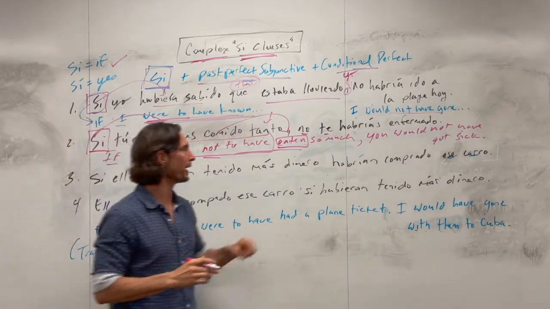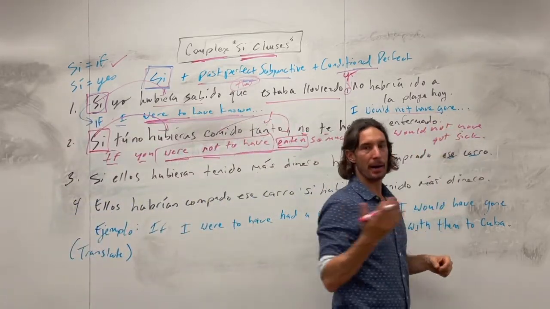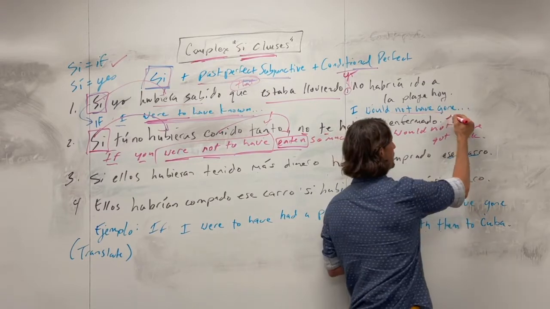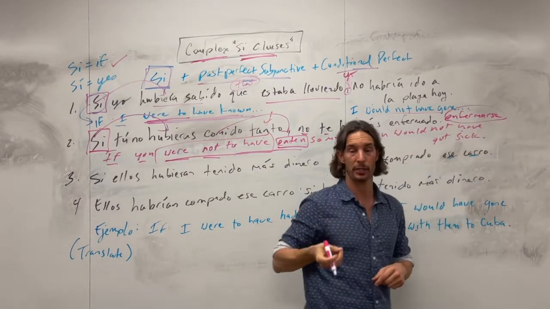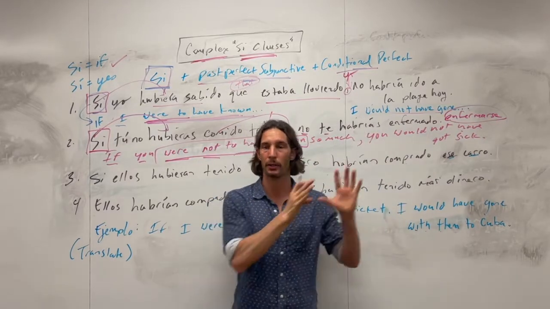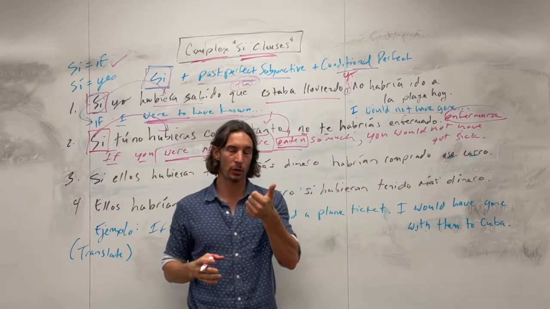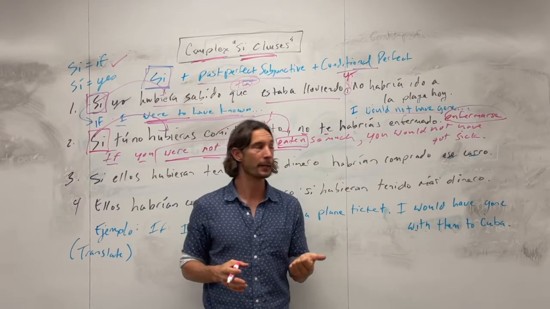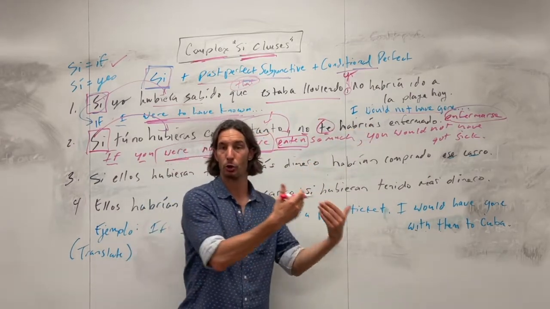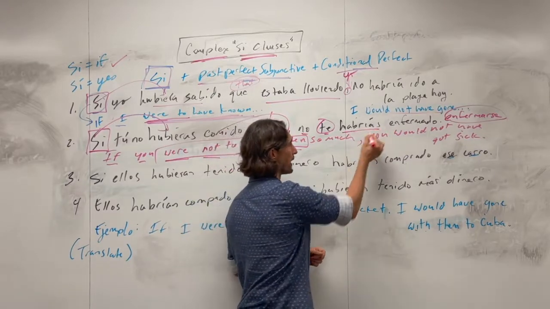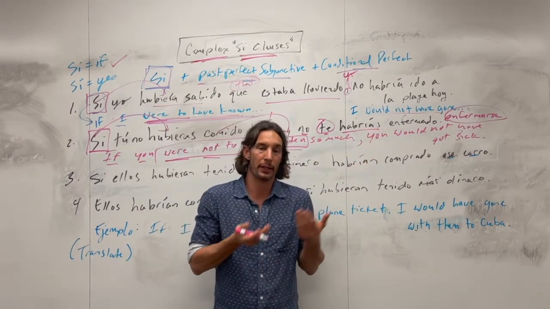Now, here's the thing. Enfermado, of course, is the past participle, but it's enfermarse, as a reflexive verb. We're using that on this back end. And so the reflexive pronoun has to agree, which is why we have te there, because it's agreeing with tú. And then habrías is tú in the conditional.